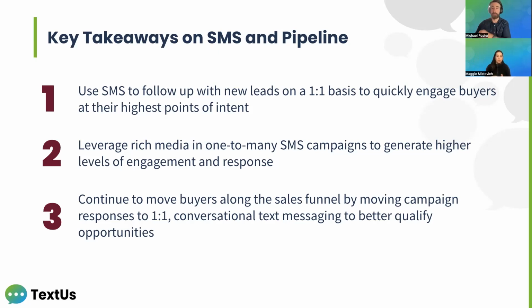The other thing with rich media: once you have that opt-in and you're starting to engage in conversation, especially as you're looking to re-warm some cold leads, maybe you want to send a one-to-many campaign type message. We do see a bit more engagement with utilizing PDFs or images.